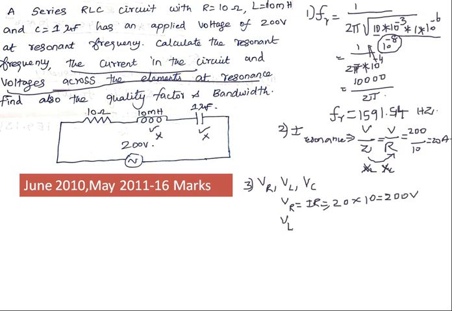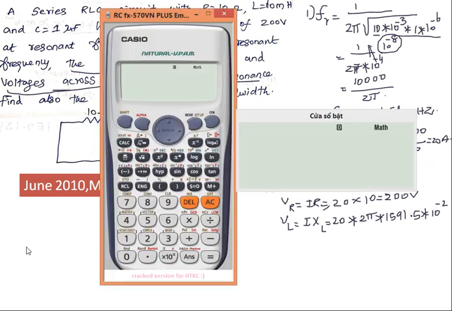Next, VL is equal to I into XL. The value of I is 20, already found. XL is 2 pi F, where F is the resonant frequency 1591.5, into the L value, 10 millihenry, which is 10 into 10 power minus 3, that is 10 power minus 2.